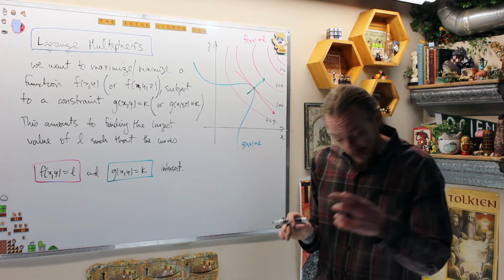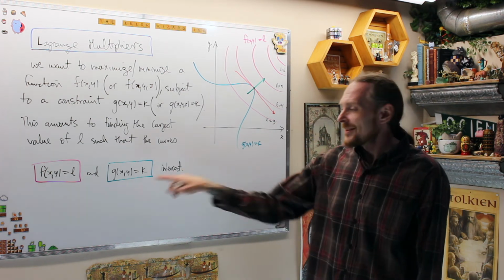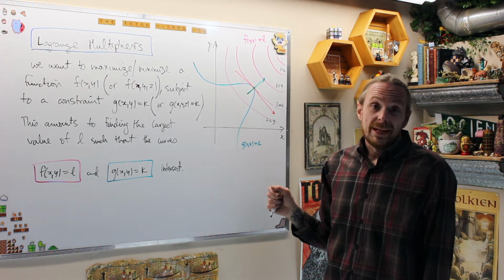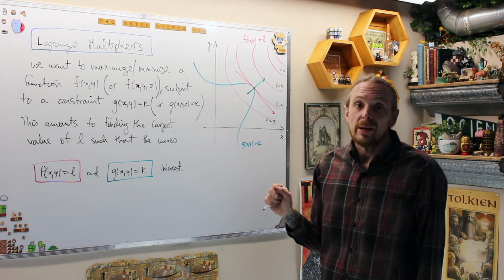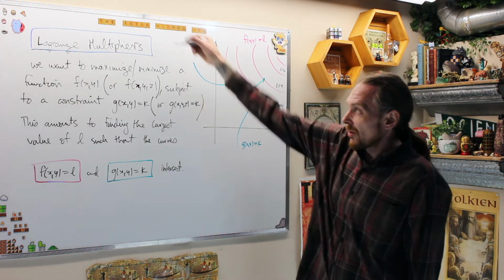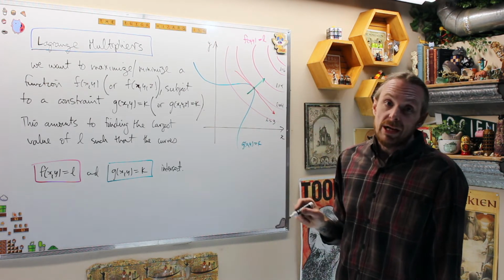And what does it mean? When vectors are there, it says not these functions, their gradients are parallel. And what does that say when two vectors are parallel? They're multiples of each other, and this is what we're going to call the multiplier. The Lagrange multiplier is the lambda in the equation.